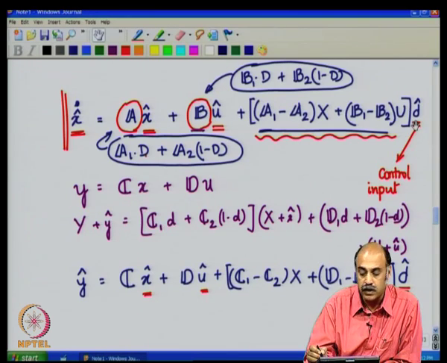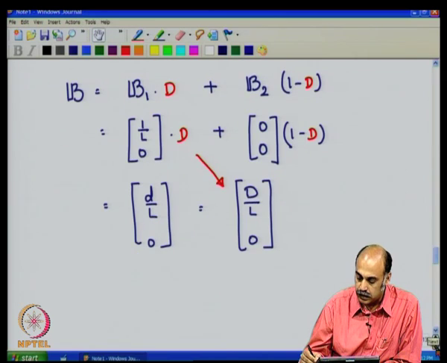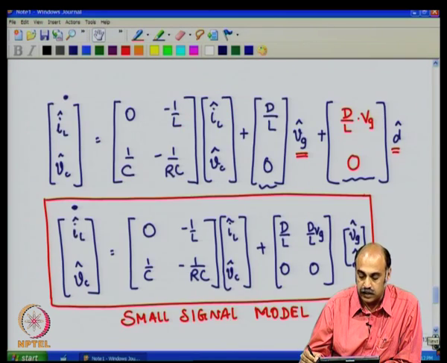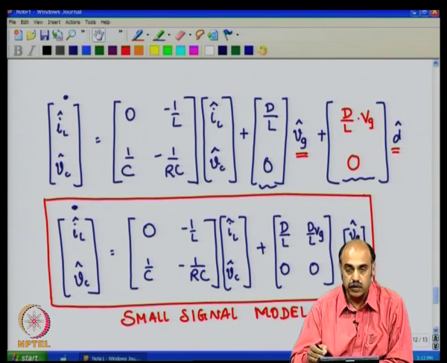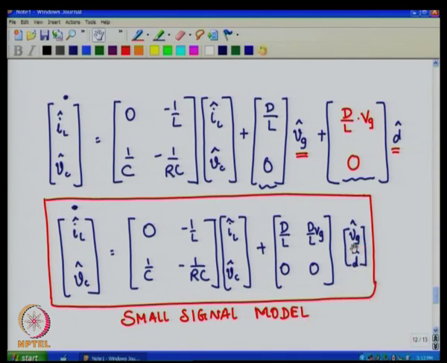D hat is again one of the control inputs, and then on simplifying it further and applying it to the DC-DC converter case, you will end up with the small signal model of the converter. Now, if you look at the small signal model of this converter, a very important feature is that it has not only the variation about V_g as the input, it also has the variation of the duty cycle as one of its control inputs.